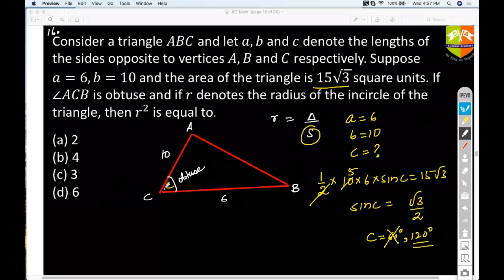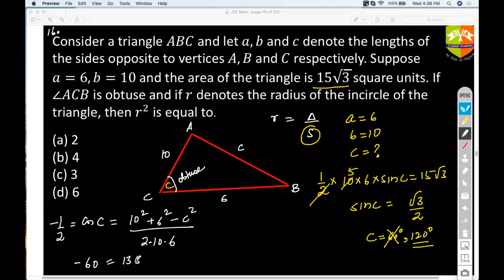Once I know my C, let's say I want to know my small c. I can use the cosine rule. Cos of C is equal to 10 square plus 6 square minus c square by 2 into 10 into 6. And cos of 120 is negative half. So that's going to be negative 60 equal to 136 minus c square.